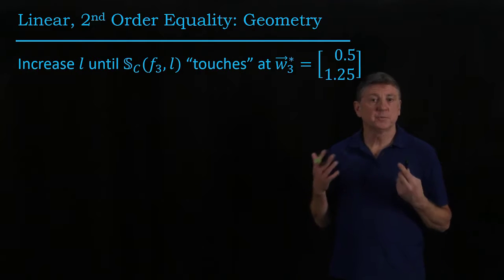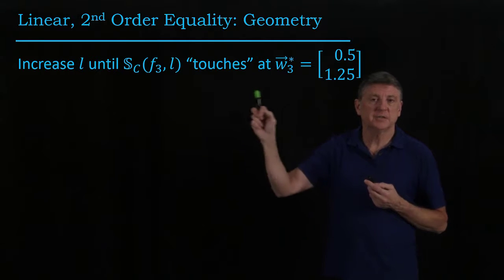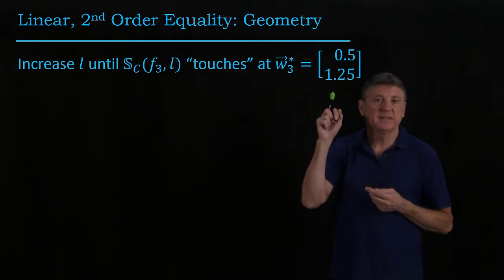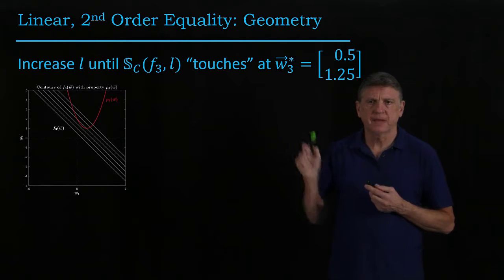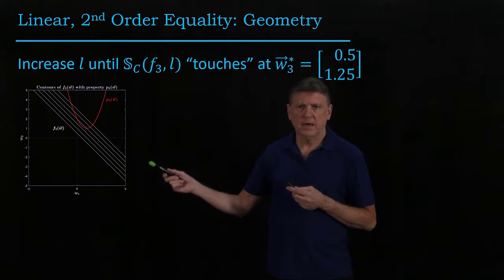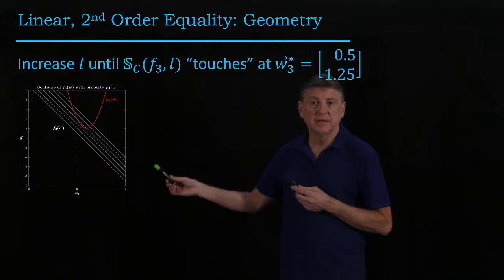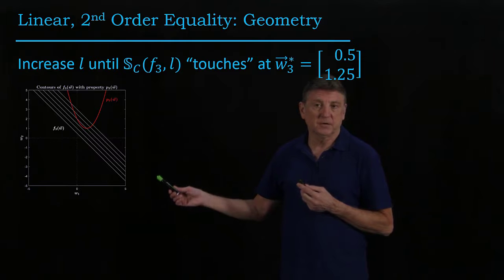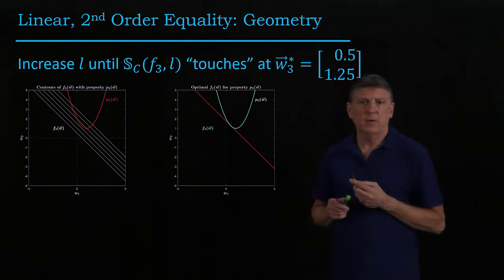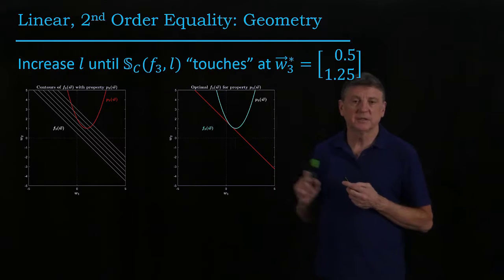Now let's do the computations. What we'll do is, as before, we'll increase the level until the level curve of the objective just touches our constraint parabola, and we'll find that this happens at this stationary point for problem number 3, which has these entries. This is what we drew before, and now we can see that when we do this computationally, there are some levels of the objective function that don't intersect the property curve and some that do. And what happens at that single point, at this place where there's a single intersection?